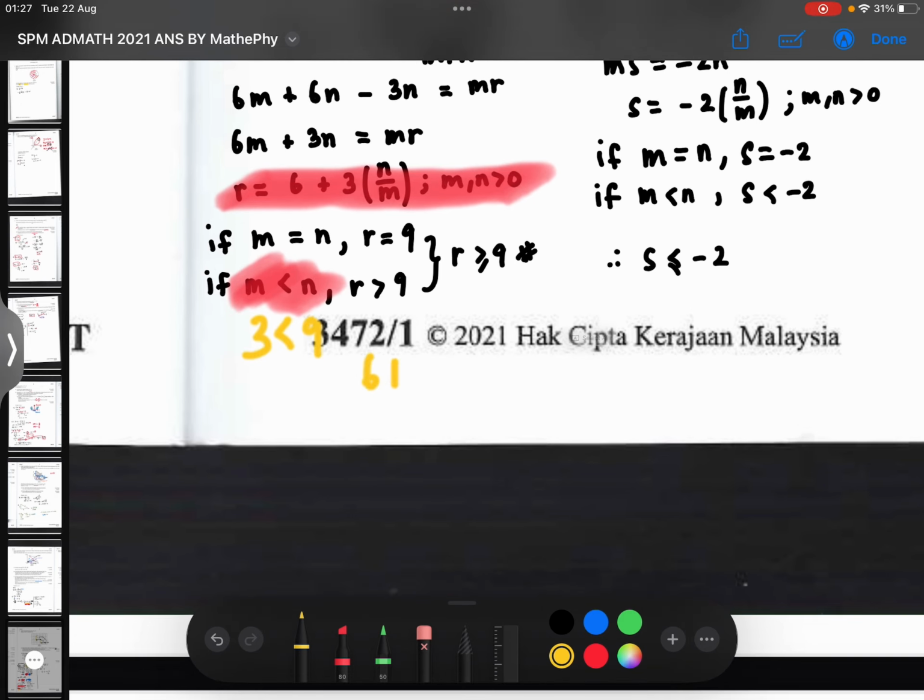So you get 6 plus 9 over 3, which is 3, times 3 is 9. So this is 15.